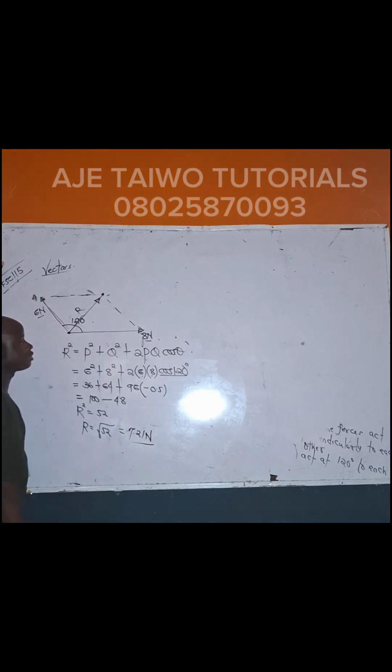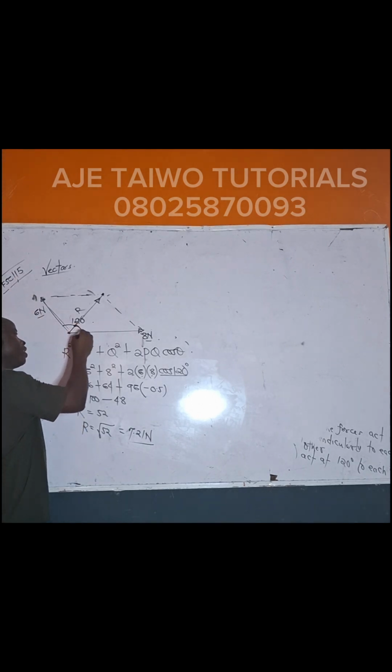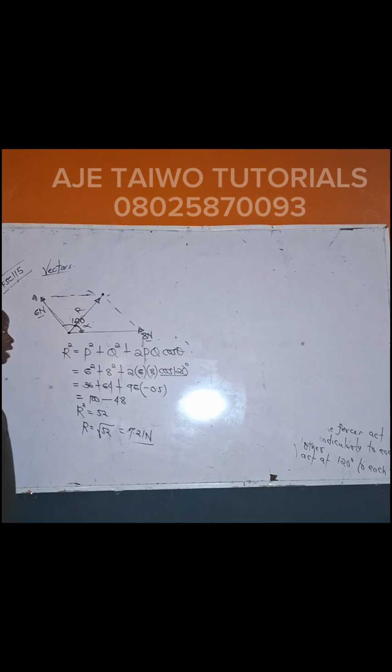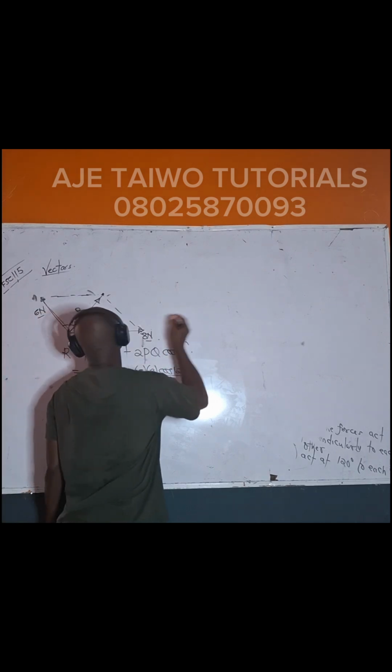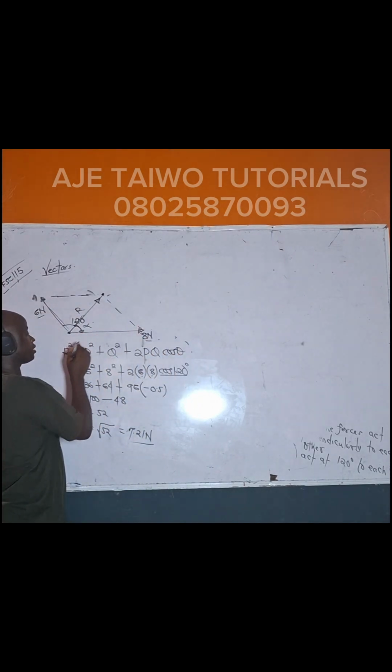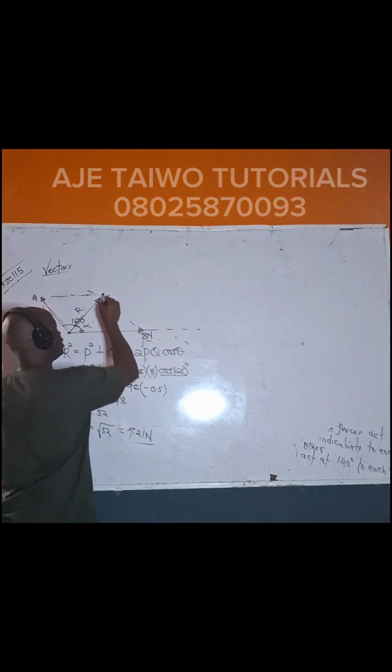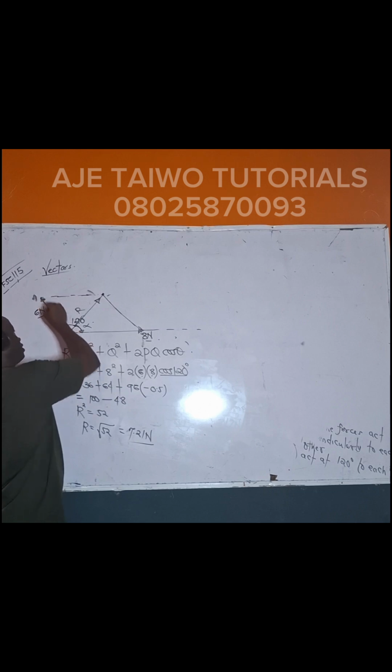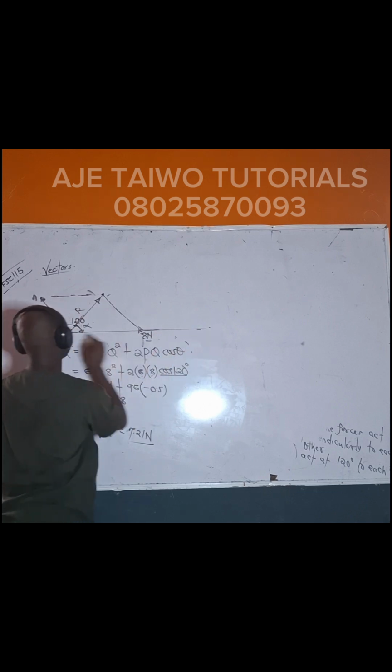7.21 Newtons. Direction of the resultant is the angle which this resultant makes with the force. Let's call it alpha. Direction of resultant is the angle the resultant makes with your 8 Newtons. This line is the same as this line.